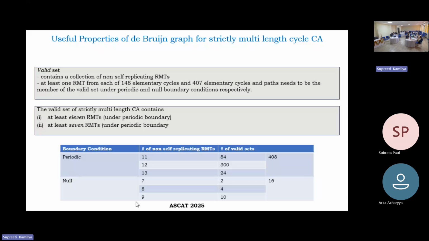For that, we figured out that in the case of periodic boundary, 11 RMTs need to be non-self-replicating, and for null boundary it should be 7. And here we mentioned the distribution.